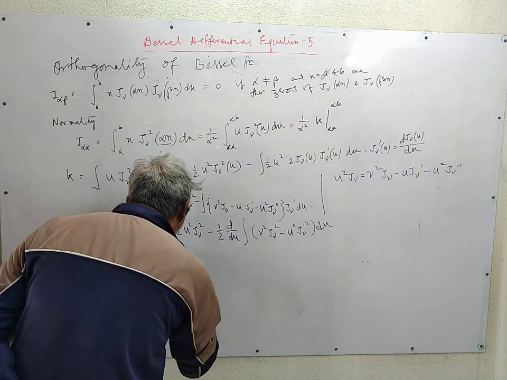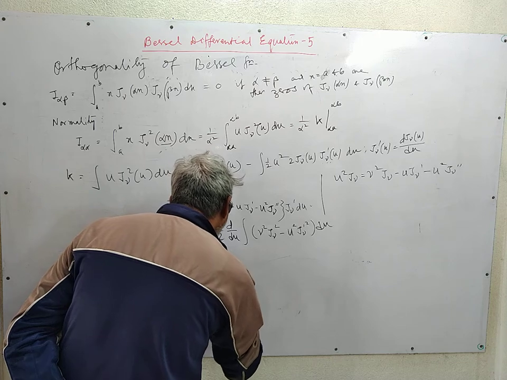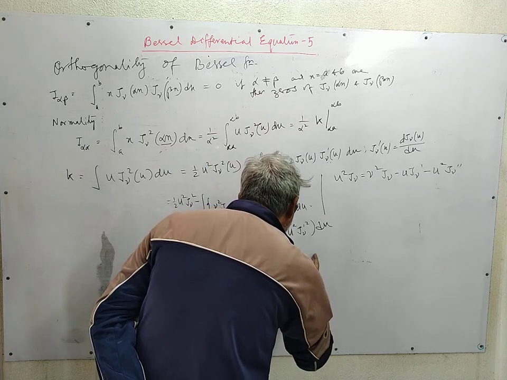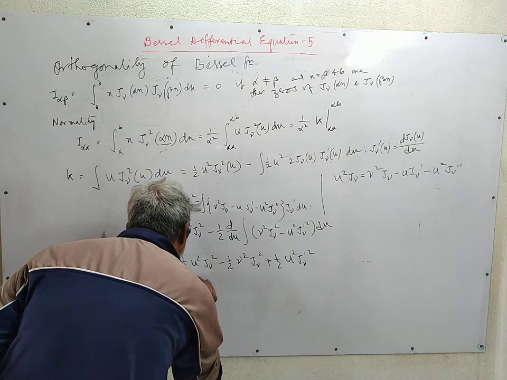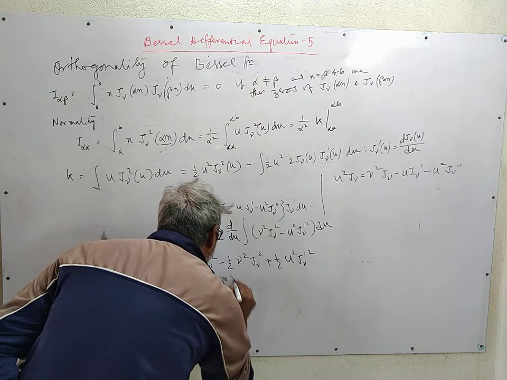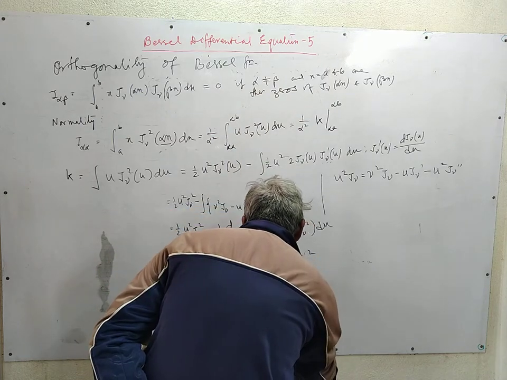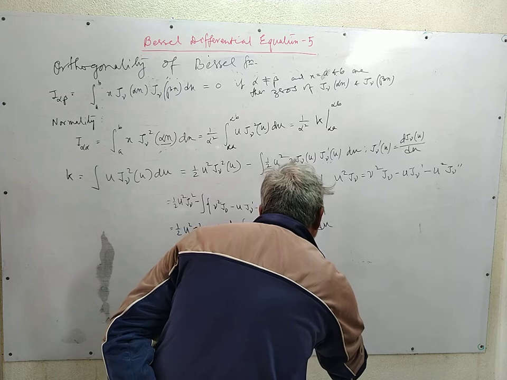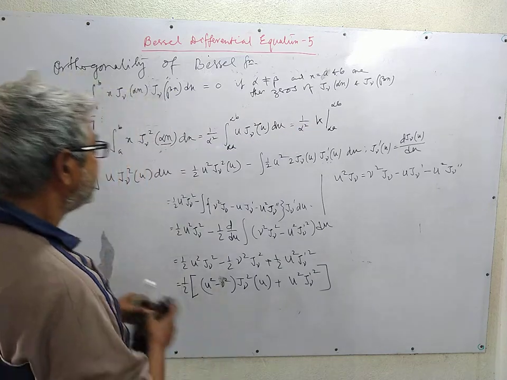So this becomes half u square J_nu square, and from this term minus half nu square J_nu square plus half u square J_nu prime square, which can be written as half taken common, (u square minus nu square) J_nu square of u plus u square J_nu prime square. This is the relation.